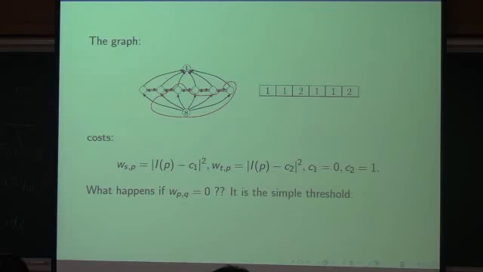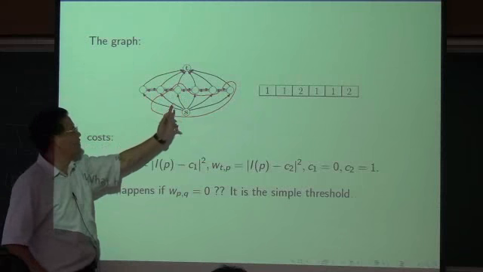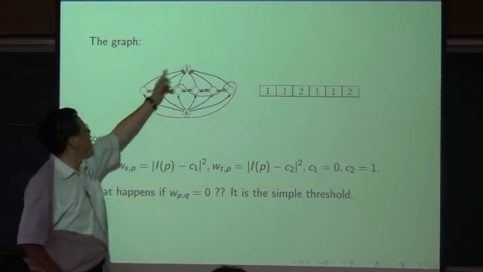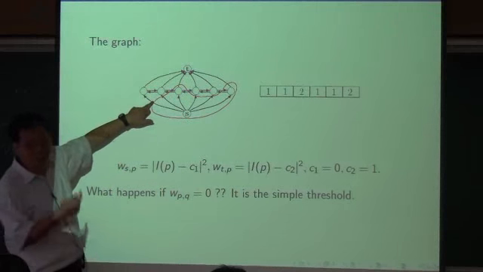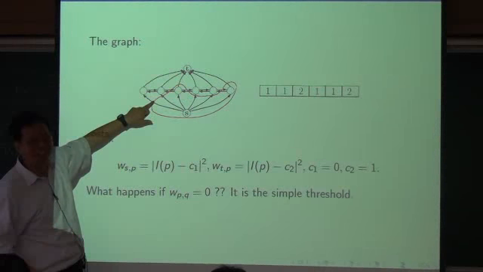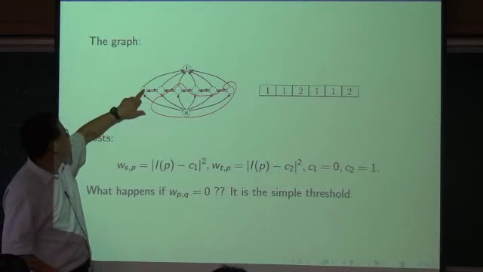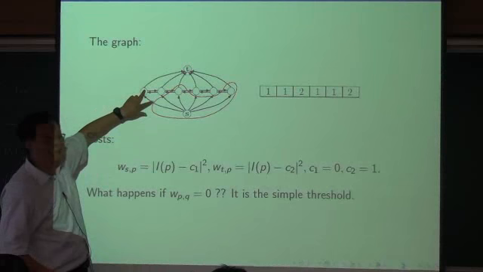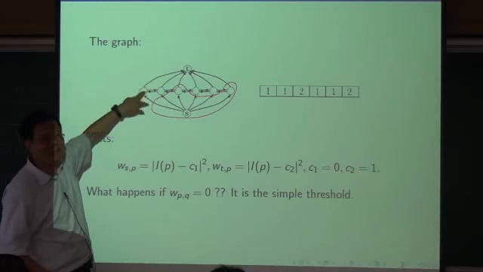It's just a simple threshold. You push the maximum amount of flow, but it's not allowed to flow here, so the flow can only go here and down. If this is smaller, you push and this is saturated. You still have capacity here. So for this pixel, if it's closer to C1, this will be cut. If it's closer to C2, that will be cut. So which class it belongs to depends on whether this one is closer to C1 or C2.